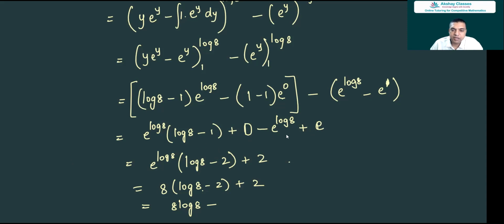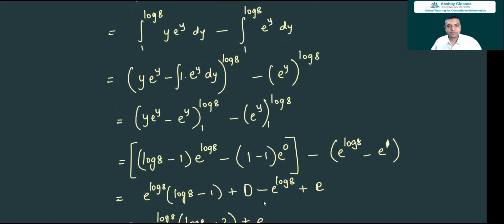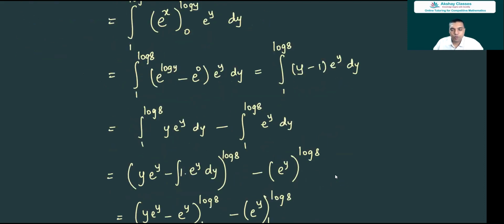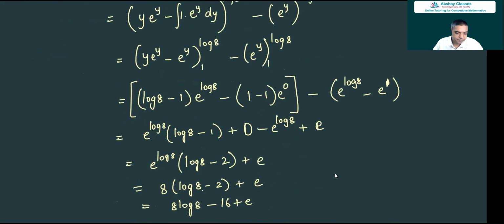So e power log 8 minus 2 is correct, plus e. So minus 16 plus e. 8 log 8 minus 16 plus e. Okay. So first, what did we do? We integrated with respect to x, substituted the limits, and the result that we got, we are integrating with respect to y, and again substituting the limits.